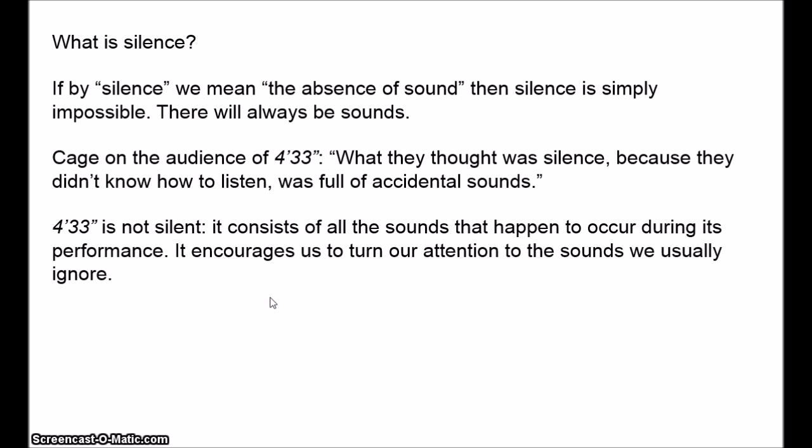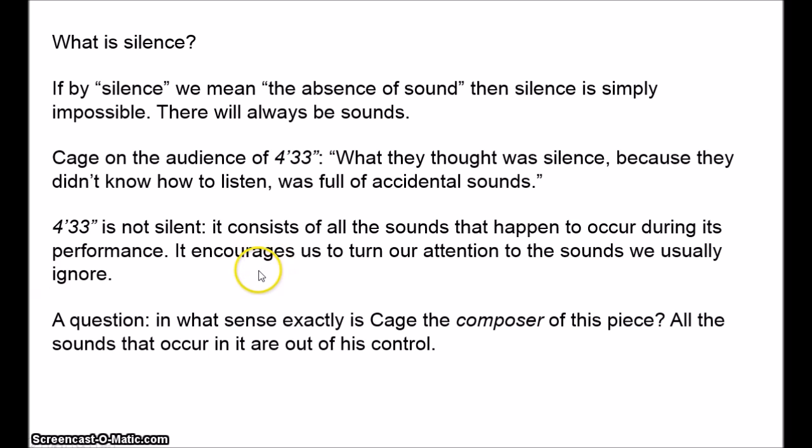But as I said, 4'33" isn't silence. It consists of whatever sounds happen to occur during its performance. So in what sense is Cage the composer of this piece? All the sounds that occur during it are totally outside of his control. So I think it's worth considering, what did Cage think the role of the composer should be? In what sense has he composed something here?